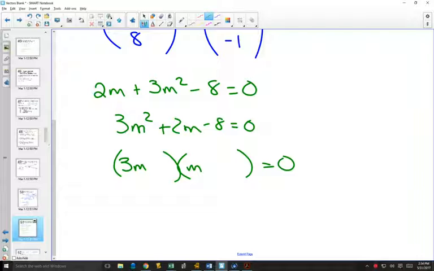A little bit of guessing and checking will tell you this should be 4 and 2. The outside is 6, the inside is 4. If I make the inside negative and the outside positive, I'll get positive 2. Excellent. So m could have been negative 2, or m could have been 4/3.